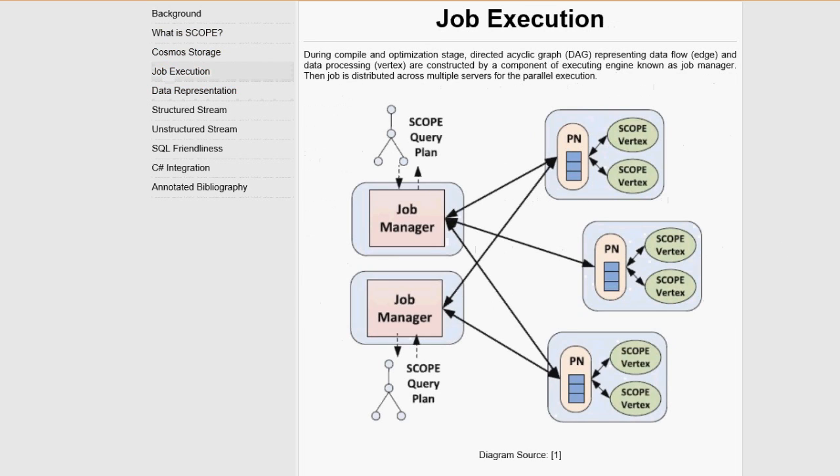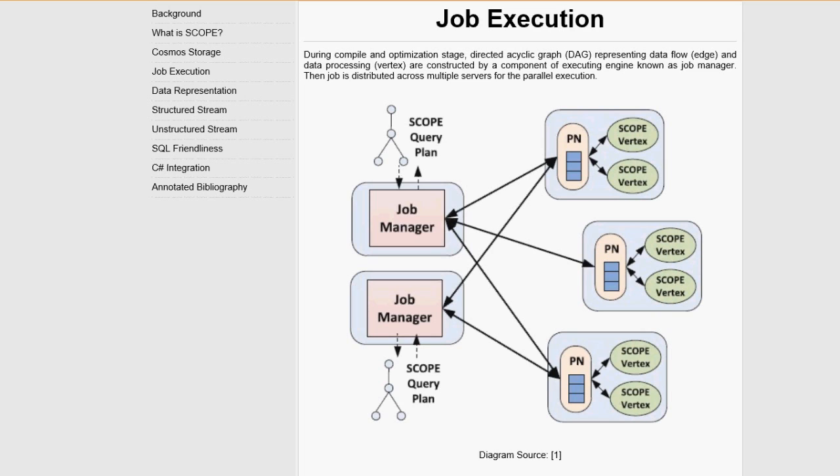Job execution. This is how it works when you send a job to the Cosmos environment using a Scope query. During the compile and optimization stage, a directed acyclic graph representation of the job is made. The edges represent the flow of data and the vertices represent the data processing.